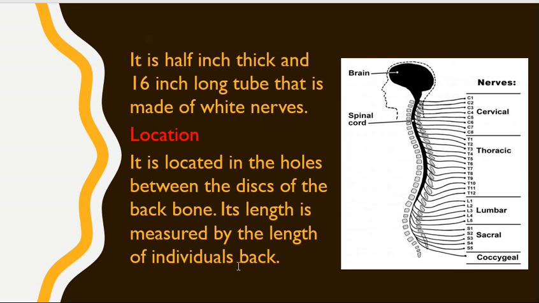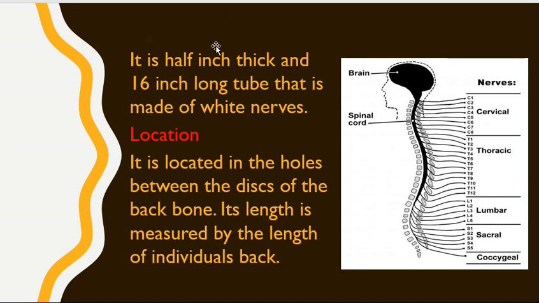Spinal cord is the second most important part of the central nervous system. We can say that it is second in command in the central nervous system after the brain. It is a half-inch thick and 16-inch long tube that is made up of white nerves.